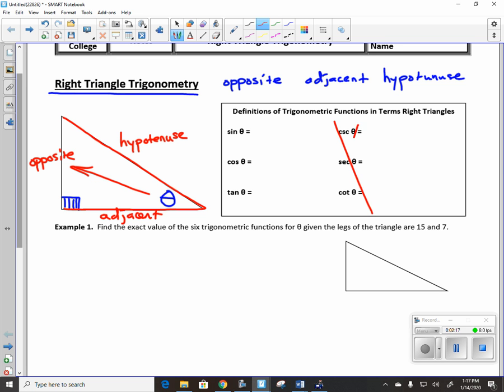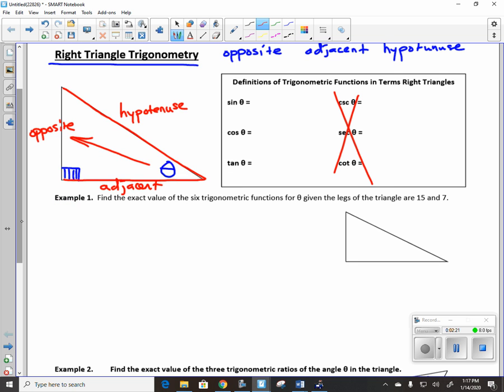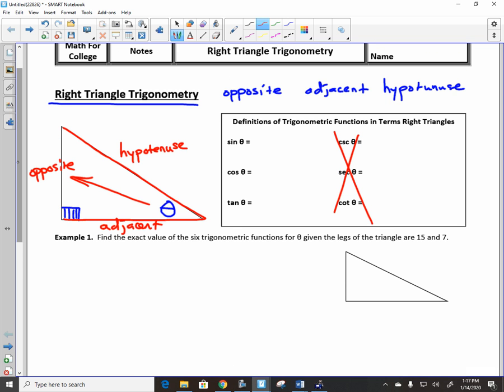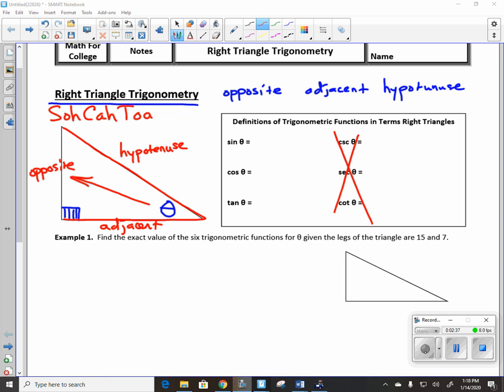So therefore, we have to be able to identify sine, cosine, and tangent. And sometimes people use this kind of short acronym: SOH, CAH, TOA. S stands for sine, O and H stand for opposite and hypotenuse.